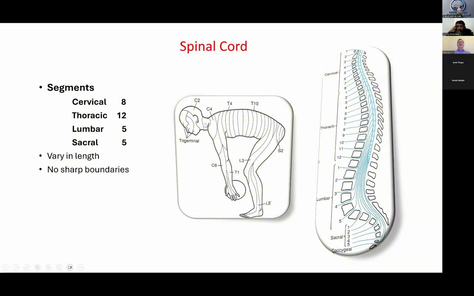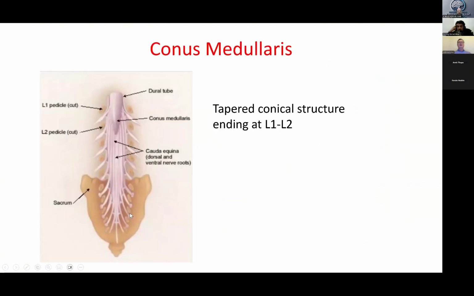So then you will hear from your residents that in a quadriplegic patient, the level of the sensory deficit is T2, T3, T4, they will tell, which is not the correct level.